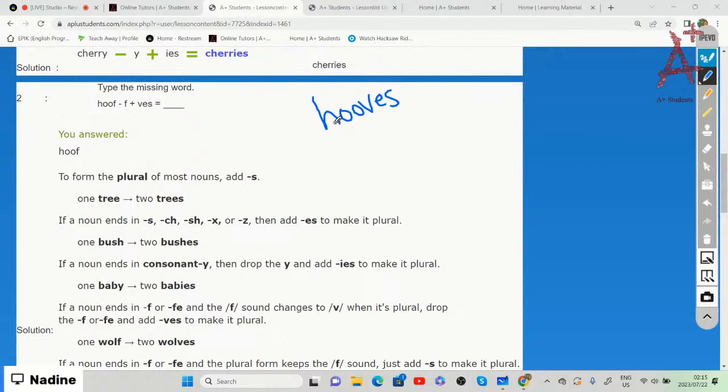One hoof, two or more hooves. And remember we said that when our word ends in an F or FE, we drop the F or FE, and then we add VES to show that the word is plural, or to change the word from a singular word to a plural form.